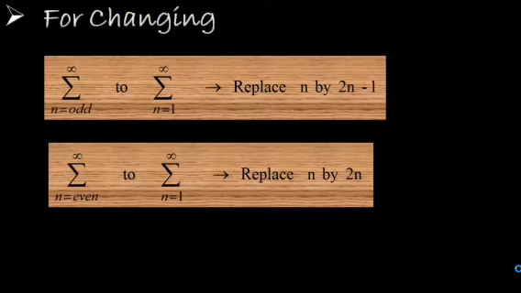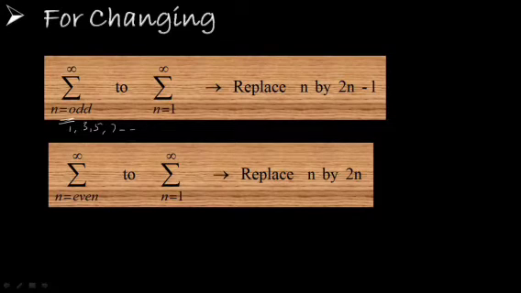Now with this short introduction, let me give you one more hint about how to change the summation. If the summation is from odd n to infinity, then n takes only odd values like 1, 3, 5, 7, etc. instead of 1, 2, 3.